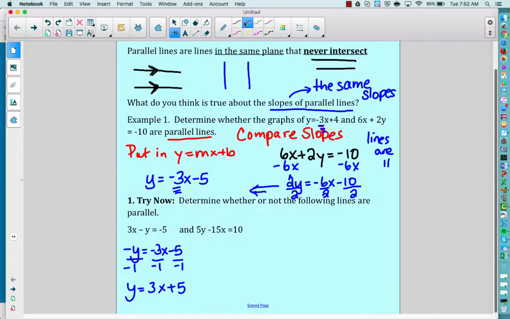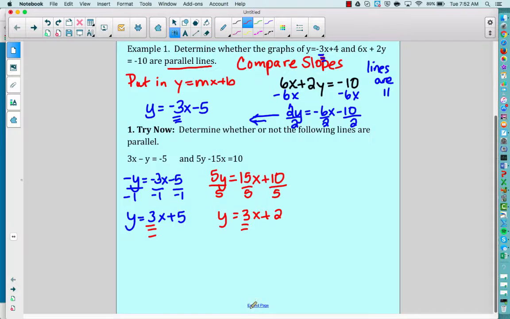I get 5y equals, adding the 15x to the other side, 15x plus 10. Divide all the terms by 5, and I get y equals 3x plus 2. I compare the slopes. The slopes are both 3, so the lines are parallel.